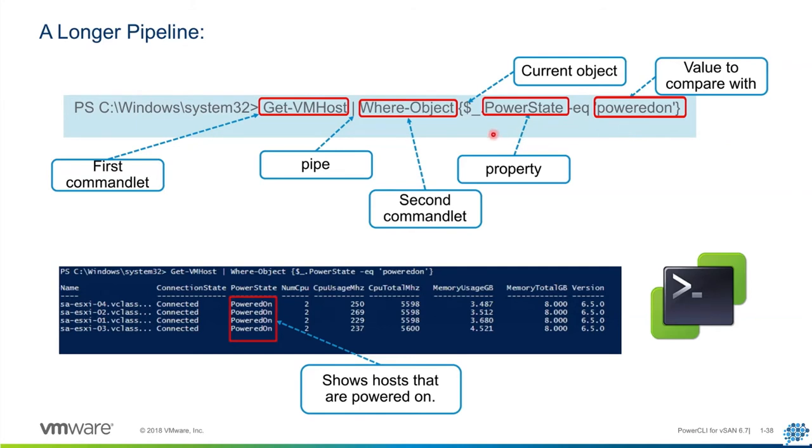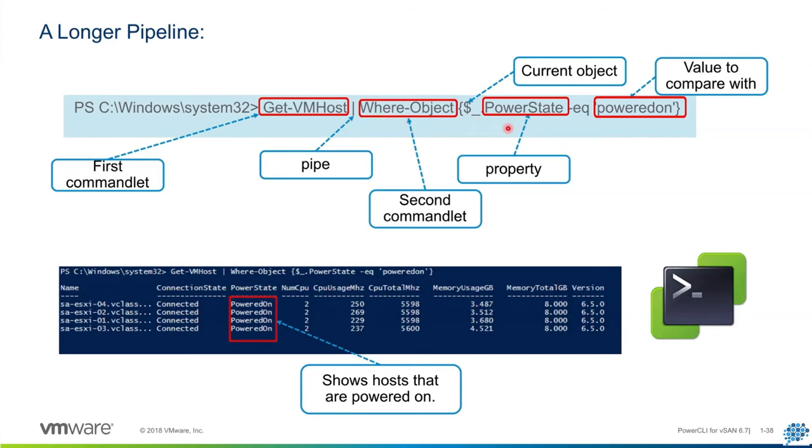A few important things to consider in this syntax. First of all, there is this particular syntax in PowerCLI called $_. The $_ simply represents the current object in the pipeline. Here the current object in the pipeline is a VMHost object.